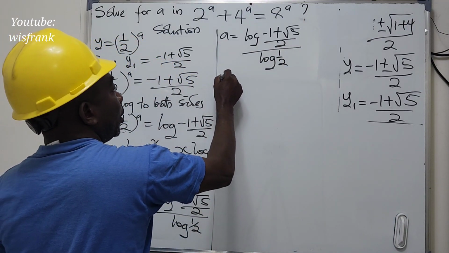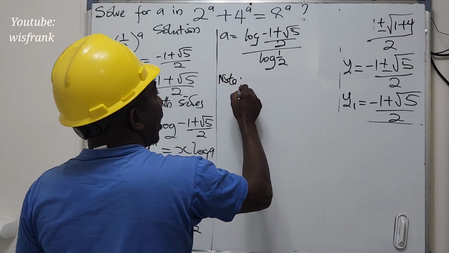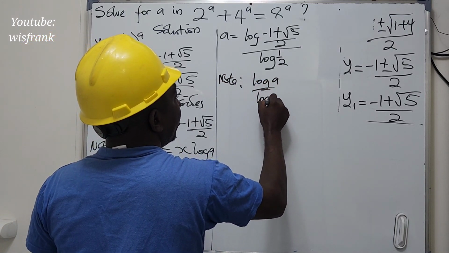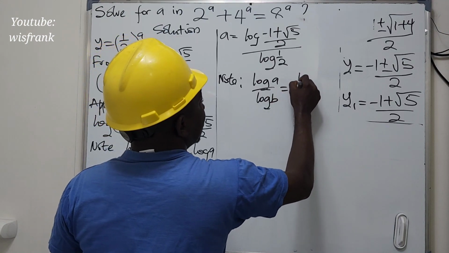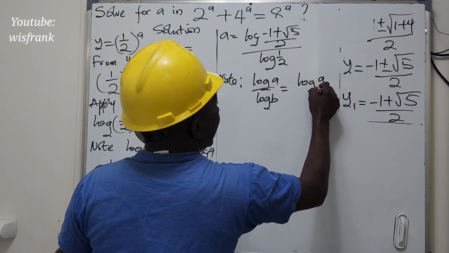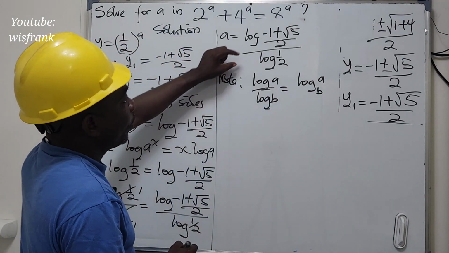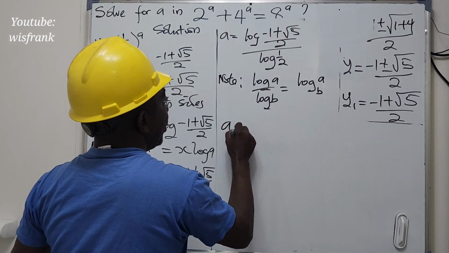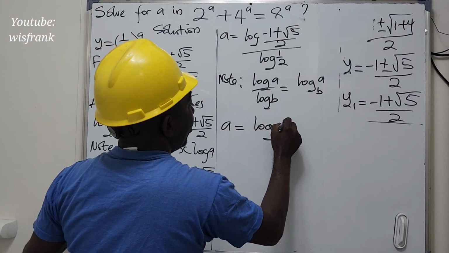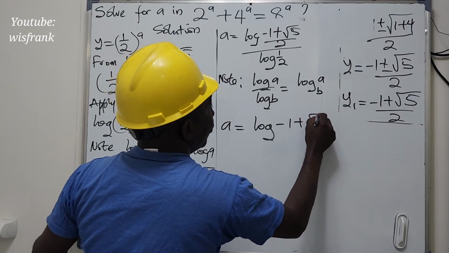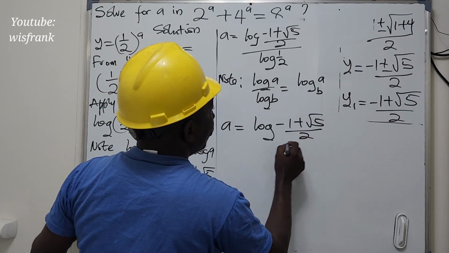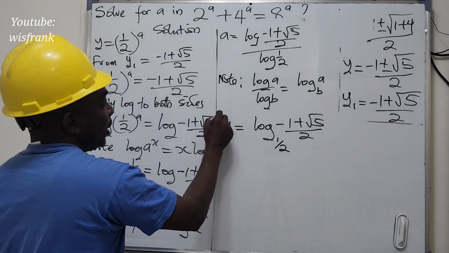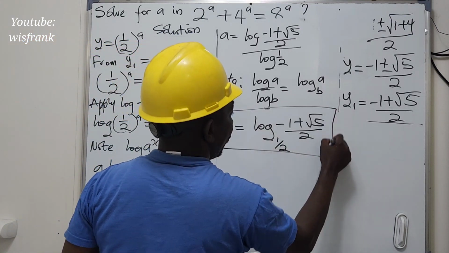We recall that log a all over log b is the same thing as log a base b. Therefore, a equals log base 1/2 of (minus 1 plus root 5) all over 2. So this is the value of a that we have.